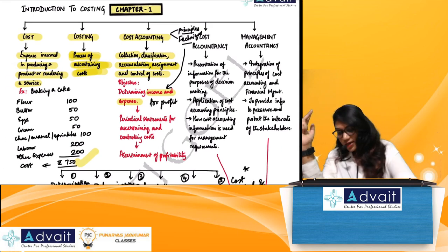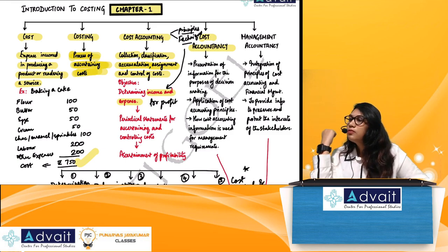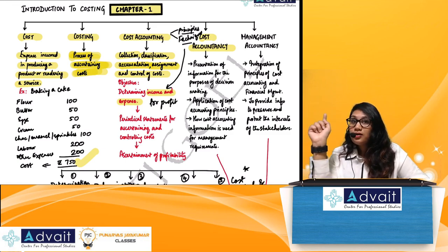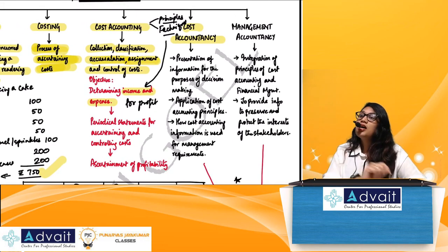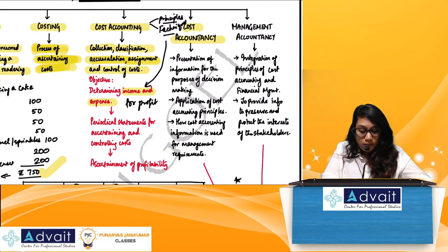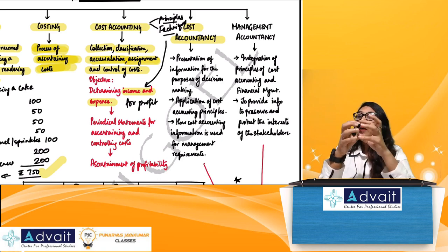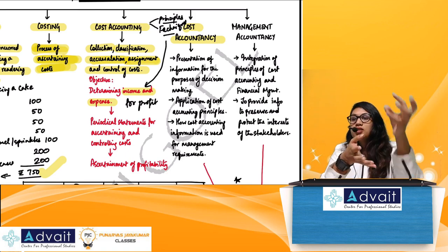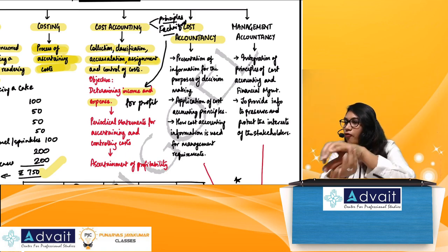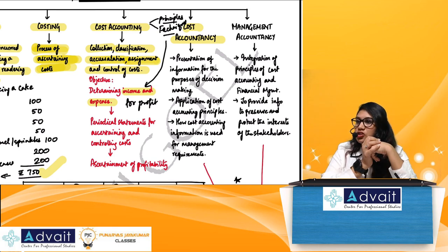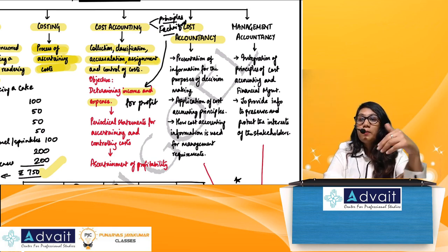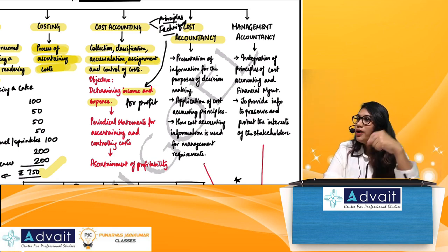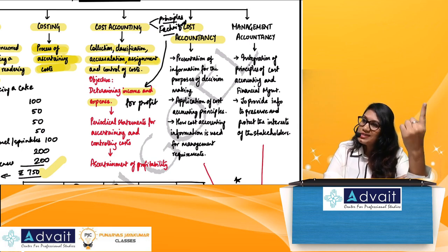Now what are we going to study? Cost accountancy. So all of them don't have the same meaning. Correct? So what is the meaning of cost accountancy? When you apply the principles and techniques of cost accounting for the purpose of taking various decisions, by whom? By the management, then that is called cost accountancy.